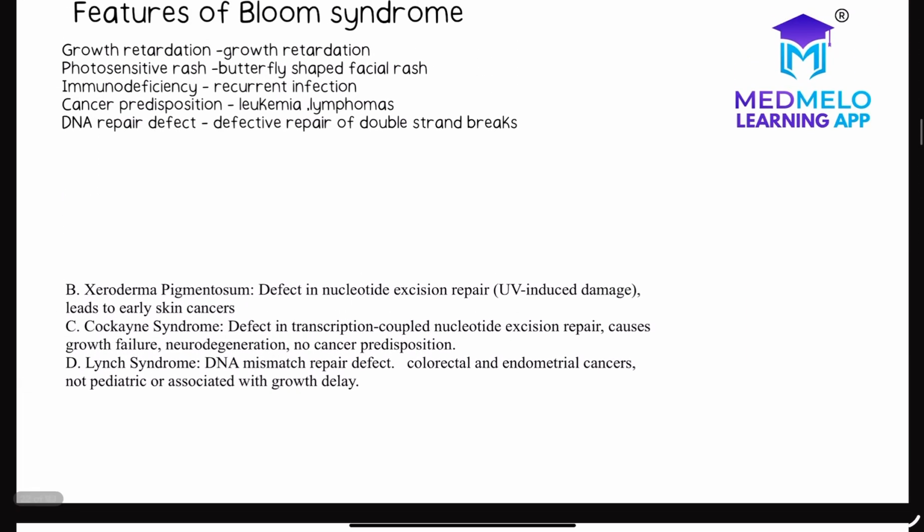So, let's discuss the other options. The second option is xeroderma pigmentosum. What is the defect in the DNA? There is a defect in nucleotide excision repair. This is UV-induced damage and it causes early skin cancers. The next option is Cockayne syndrome, a defect in transcription-coupled nucleotide excision repair.